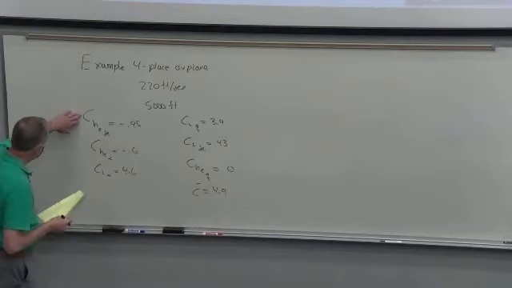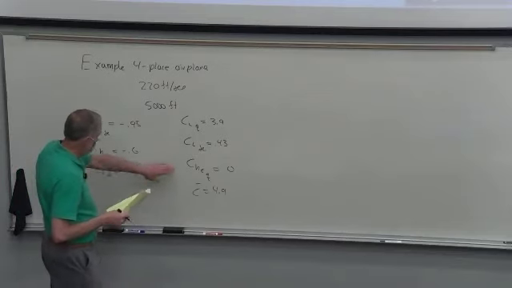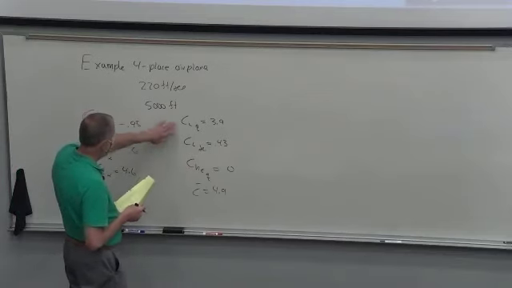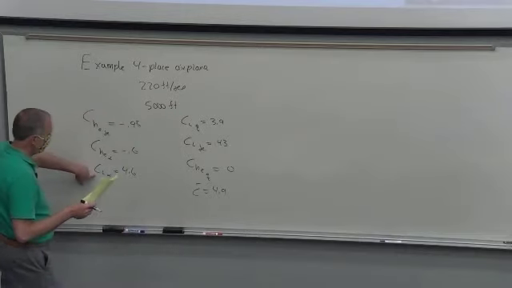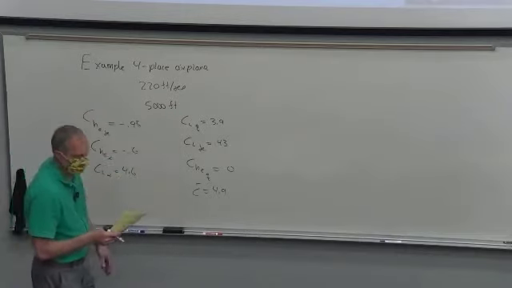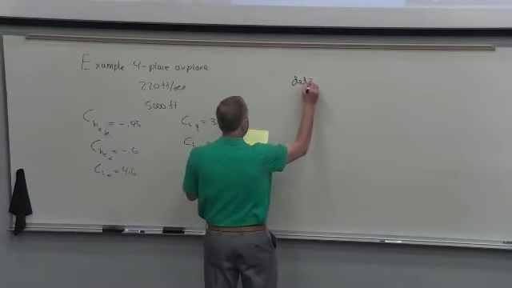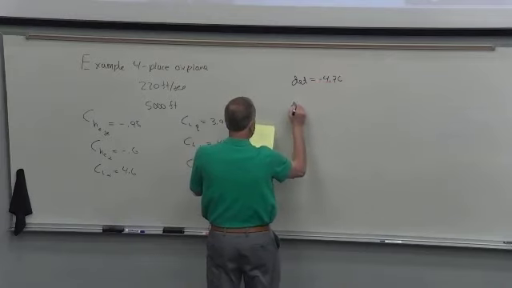So this is the hinge moment information we have for this airplane. We used this before. There's the Q part that's added on, and then here's CLQ, CL delta E, CL alpha. This is just the normal stuff we've calculated already. The determinant for this is minus 4.76.